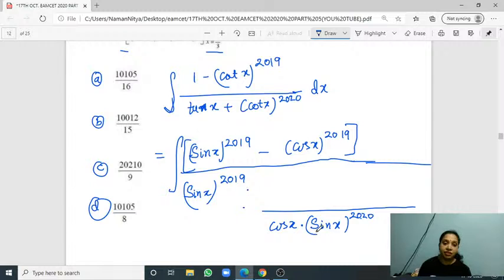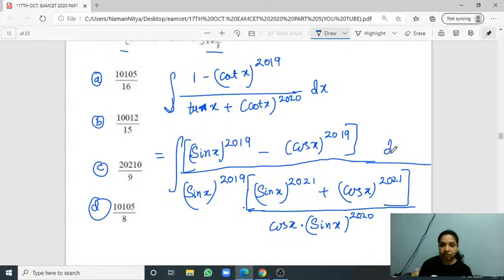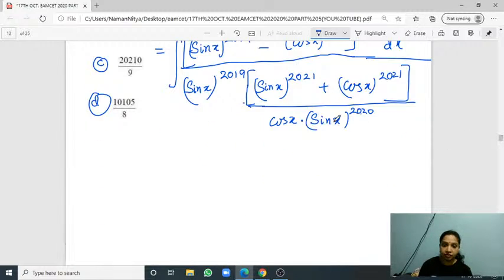And when I am taking the LCM of this, here I am already having sin x into this. So what term will I get? Let me just write here. So you will get (sin x) whole power 2021 plus (cos x) whole power 2021 dx. So you can check what is getting cancelled, that you cancel first. So this term is completely cancelled.